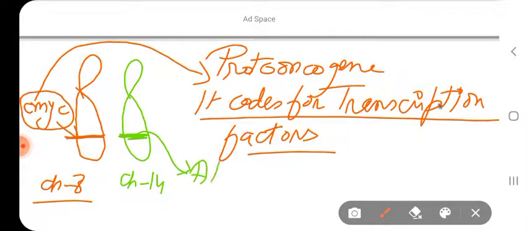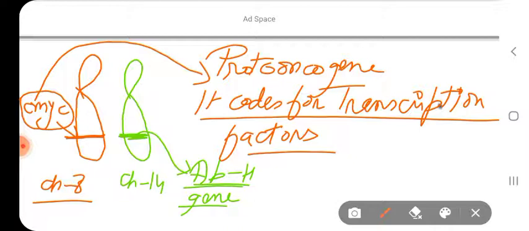You can say the IgH gene. That means within chromosome number 14 or 22 or chromosome number 2, there is an IgH gene region. Now the IgH gene region codes for the heavy chain of your antibody, or you can say immunoglobulins.